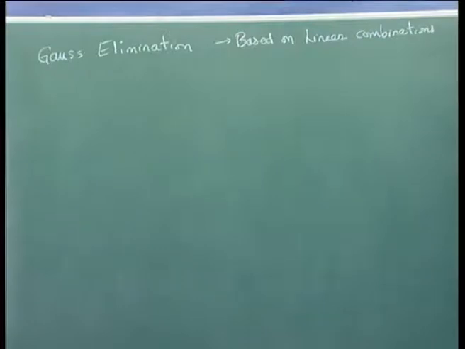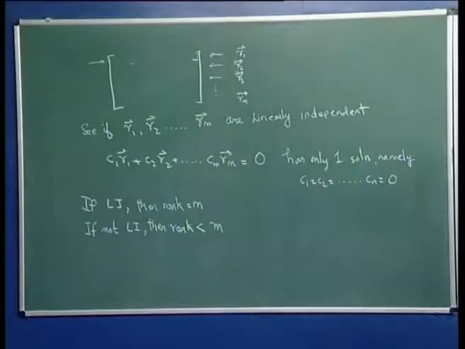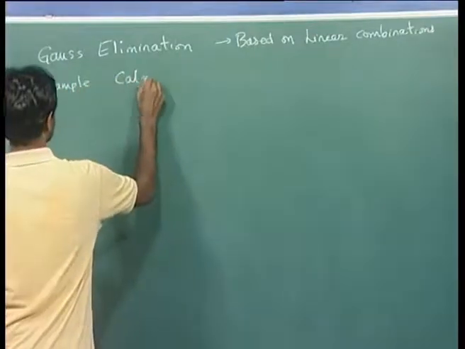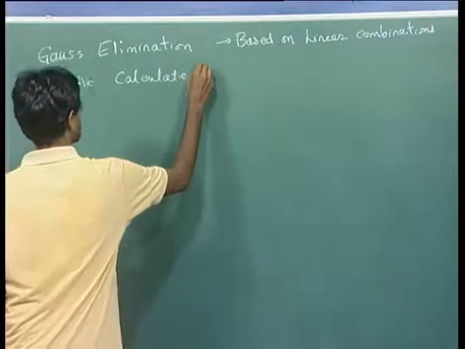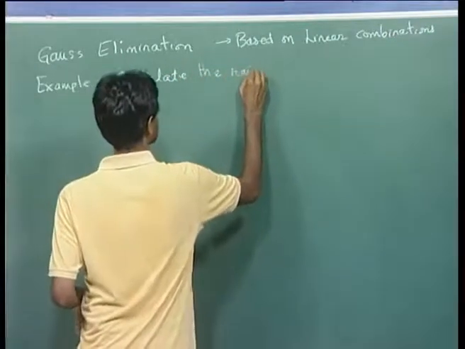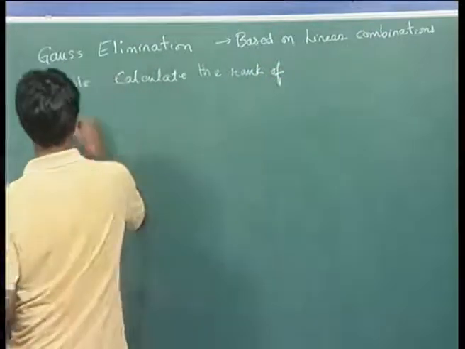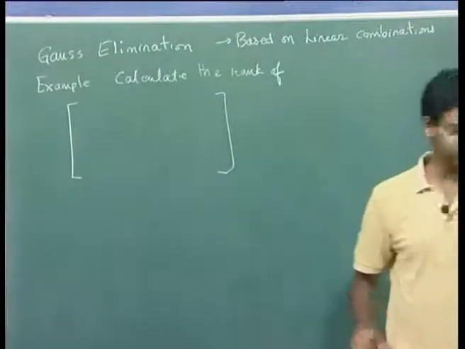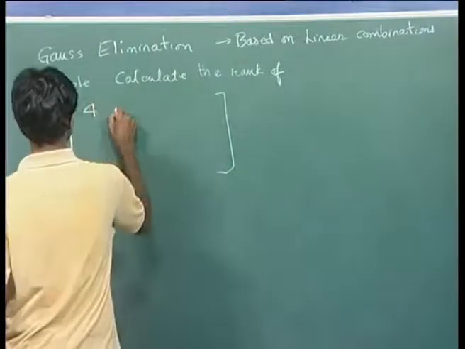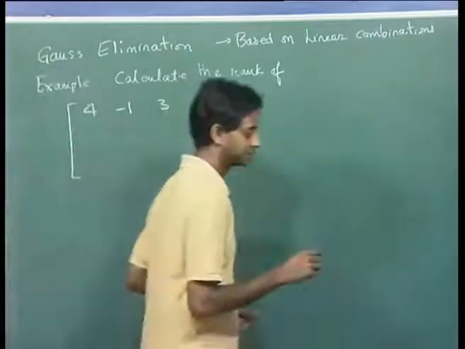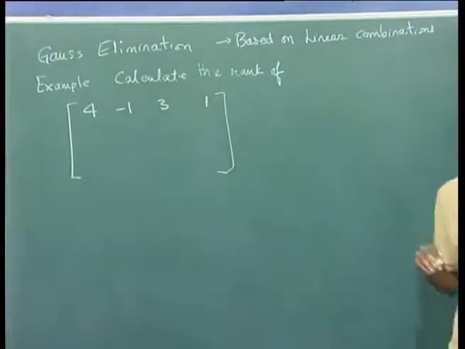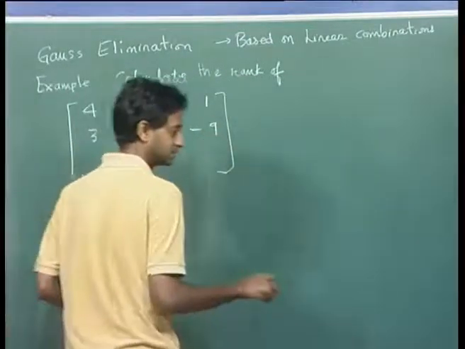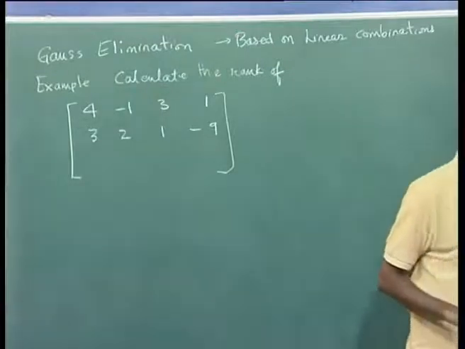Okay, now suppose you are to calculate the rank of a matrix, and the matrix is given by 4 minus 1 3 1, 3 2 1 minus 9, 7 minus 10 9 31.